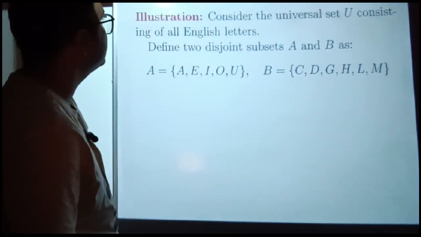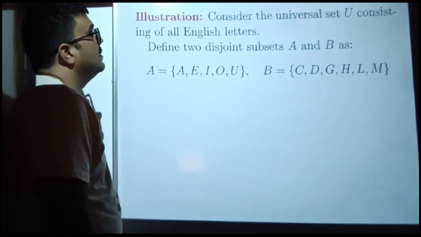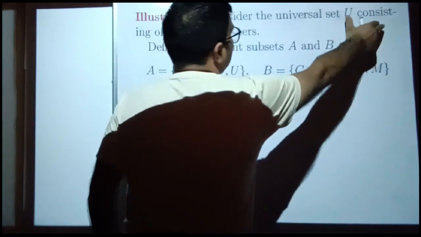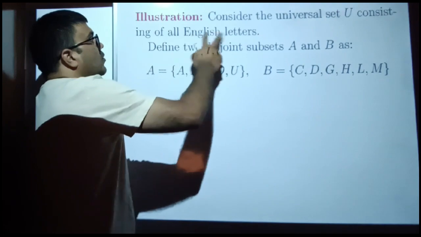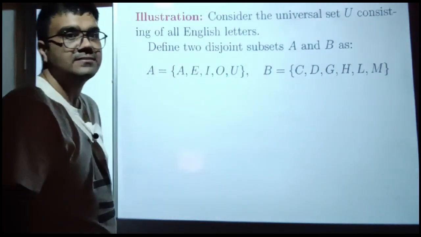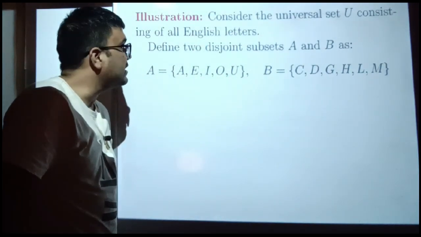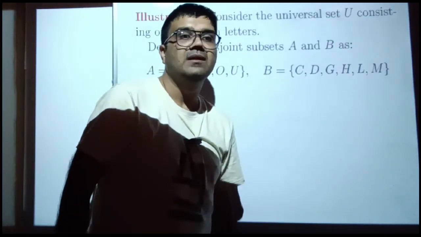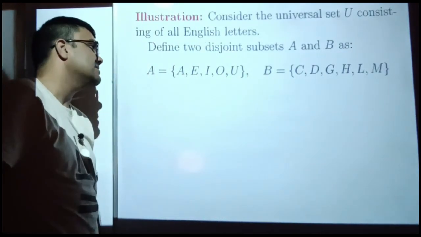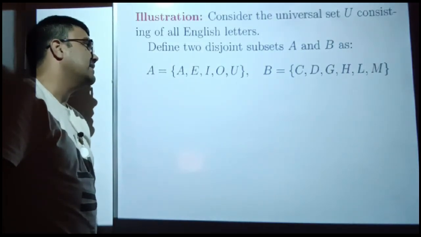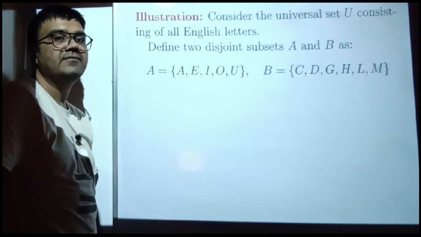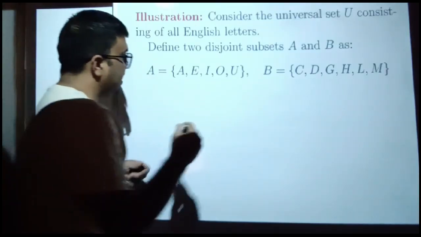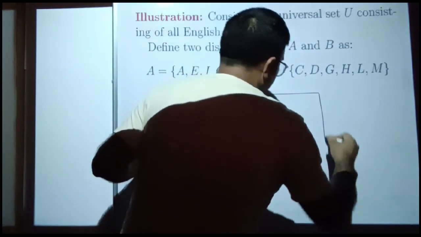Let us consider an example. We are talking about the universal set U. It consists of all English letters, and we are talking about the sets A and B. Now what is a Venn diagram? The universal set that we have, we will represent with a rectangle.